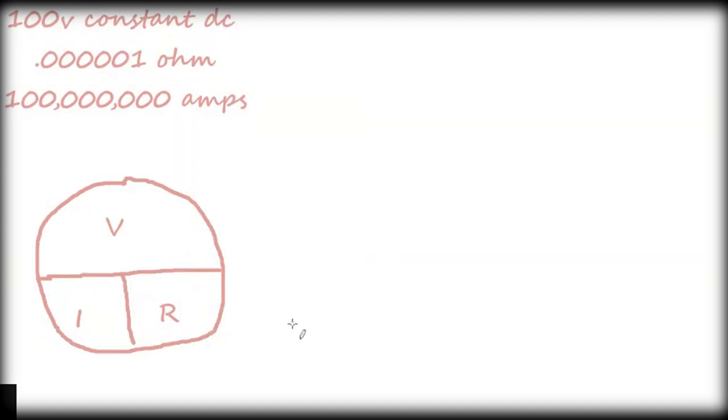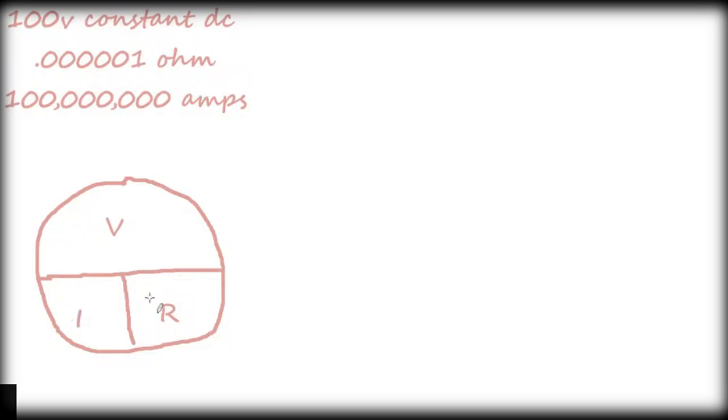Okay, so there's your Ohm's wheel, and when the voltage goes up, current goes down, resistance goes up, and when the voltage goes down, I just did this wrong again. So I put the arrow down here.